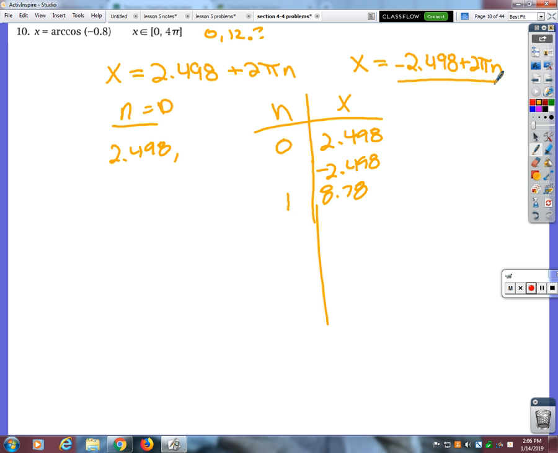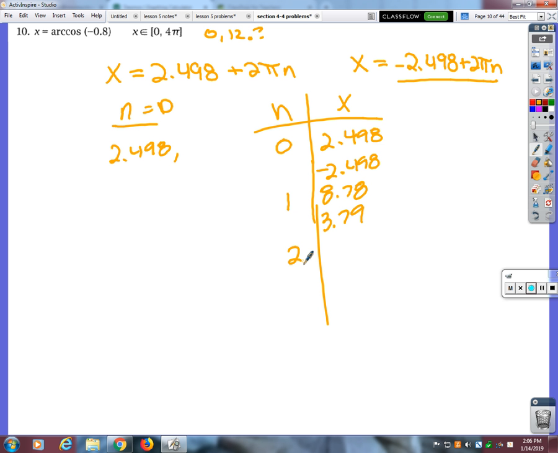So what is negative 2.498 plus 2 pi? I want to do them all and then cross out the ones that don't fit.